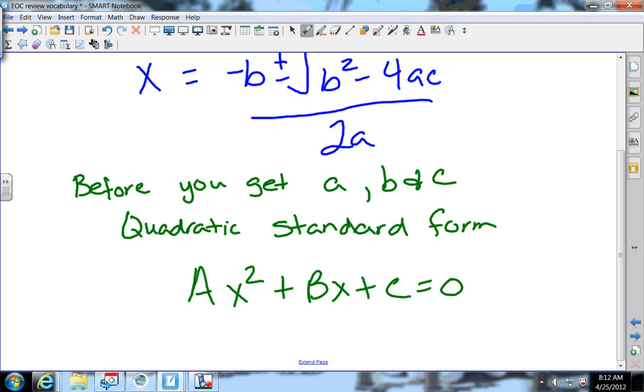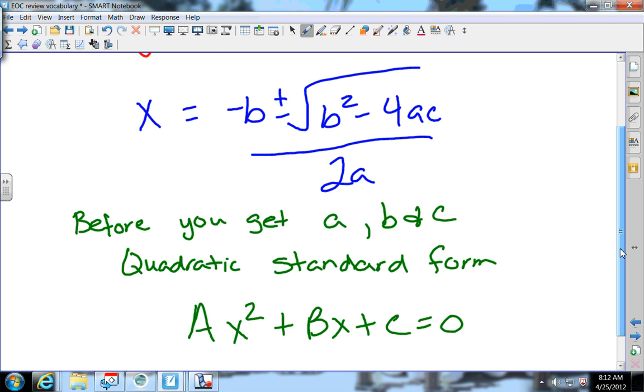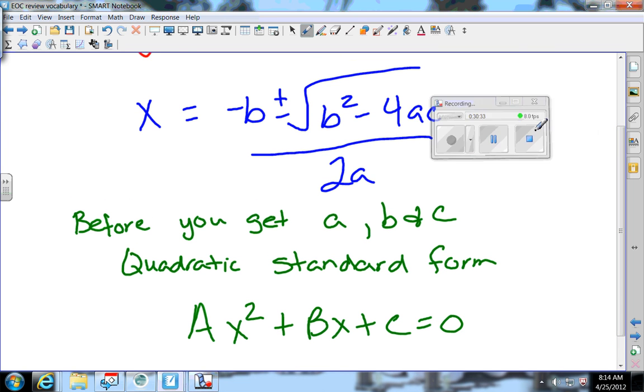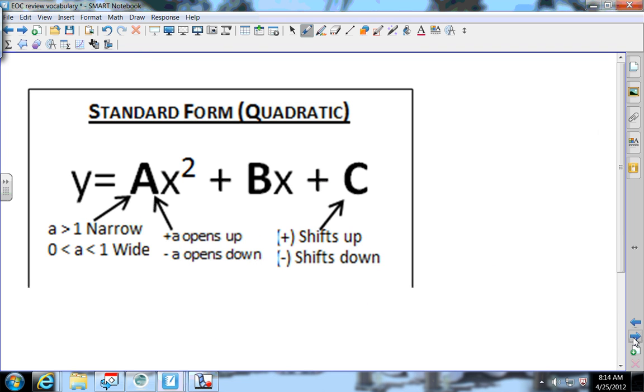It has got to be set equal to 0 before you can ever find a, b, and c. Please make sure we have this written down. Standard form for that quadratic, ax squared plus bx plus c.